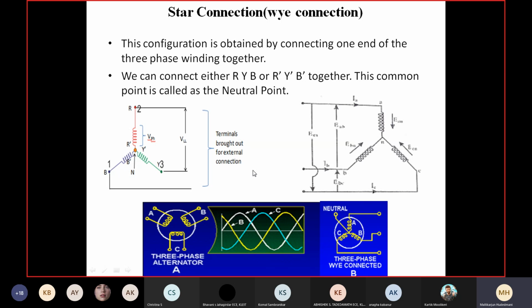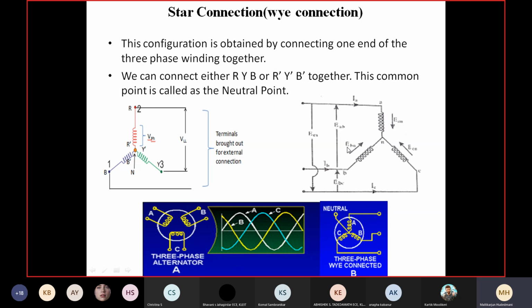Then you can mark the terminal description: any current entering line A is IA, current entering B is IB, current entering C is IC. So I mentioned the current. Then what is the voltage induced in phase A? EAN, the phase voltage of A with respect to neutral. EAN. What about the phase voltage in the second group?